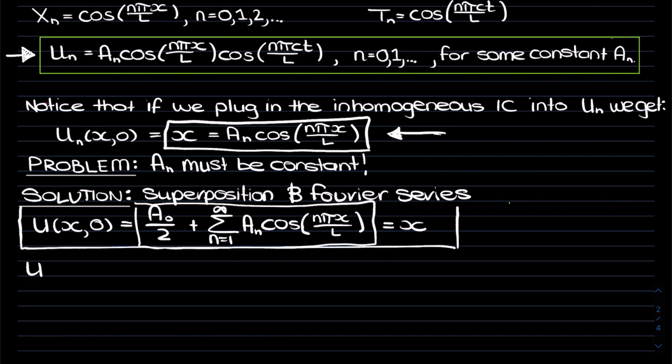So using the Euler formula, find a naught and a of n.